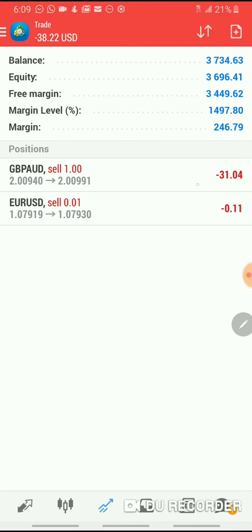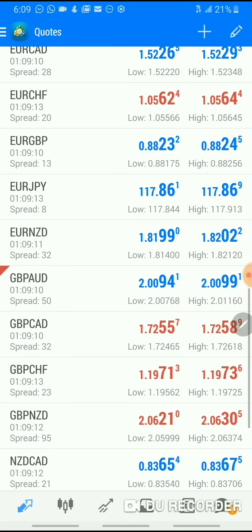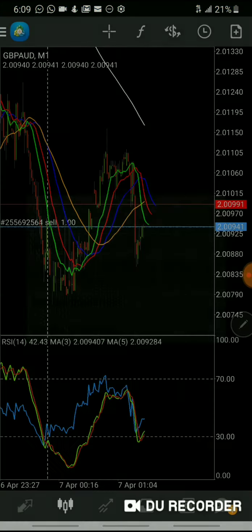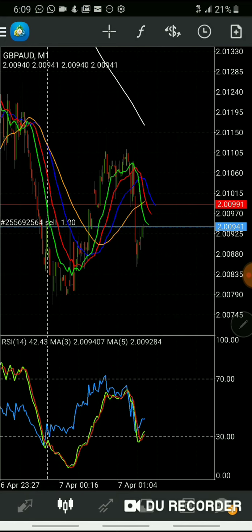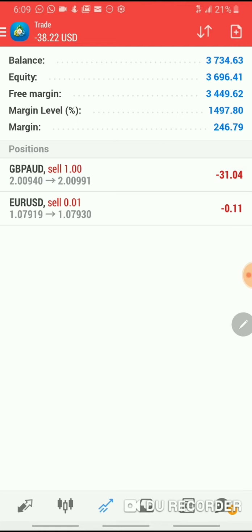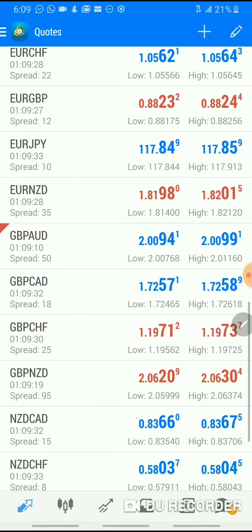So for entering this trade, they place me, or I believe the spread dropped. You see, the spread dropped when I entered the trade. So they entered me in a 30 pip, with a commission of $7. So let's do our next one.